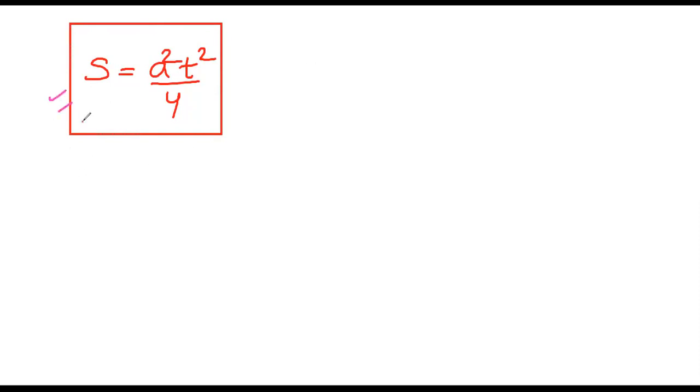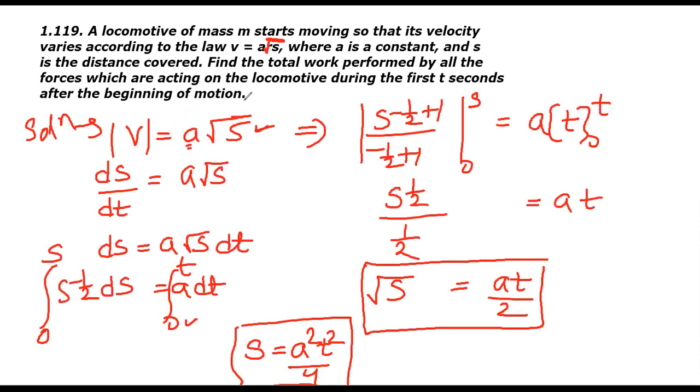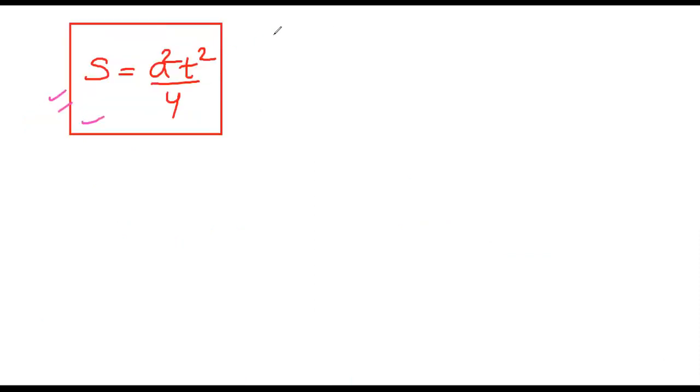Now s is this. In the question it is asked to find the total work done by all the forces acting on the locomotive during the first t seconds after the beginning of motion. Students, it's so easy.